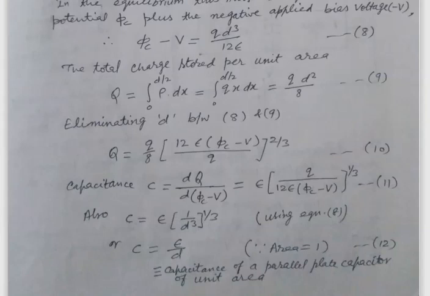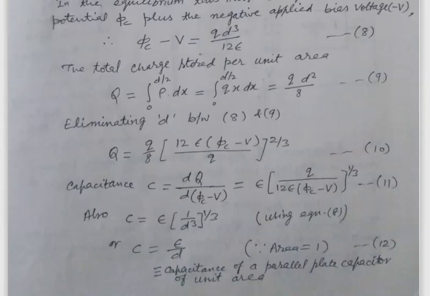Also, if we calculate the capacitance C, which is the ratio of the decrement in charge to the decrement in the potential across the junction, that is dQ over d of phi c minus V, then from equation number 10, after differentiation, this gives us the value of the capacitance for the linearly graded junction diode.